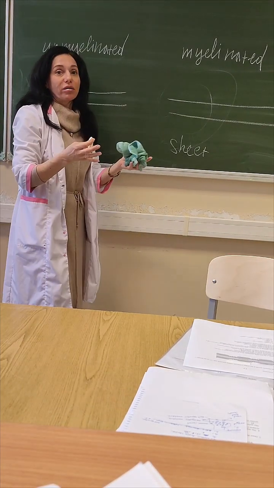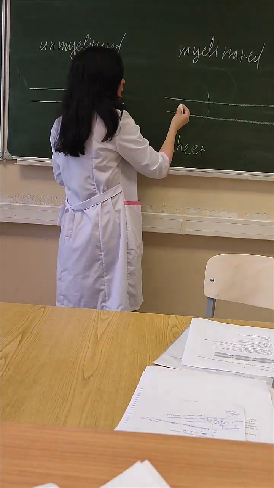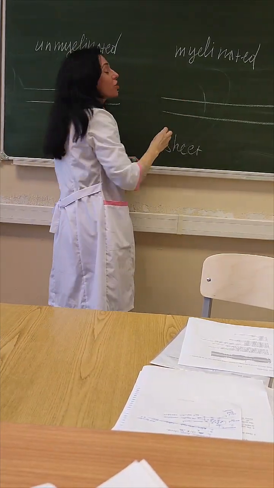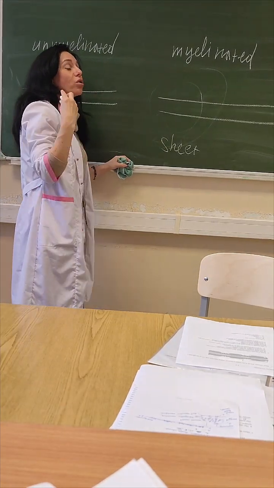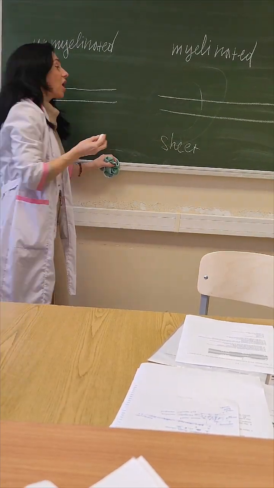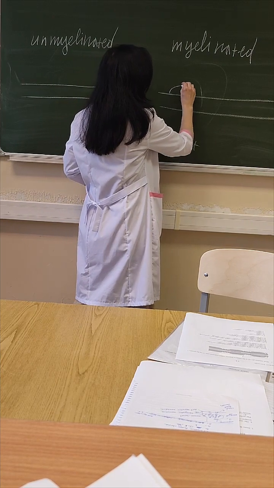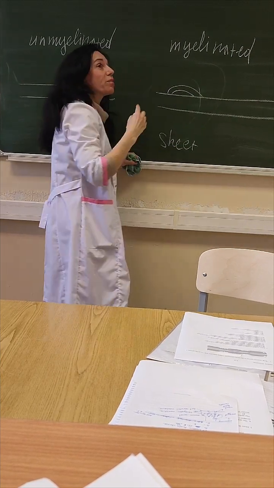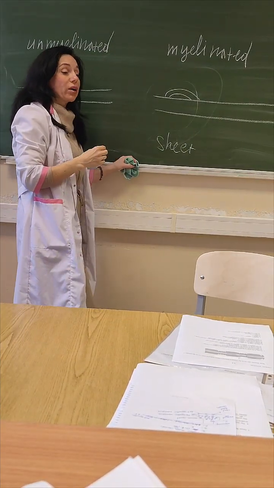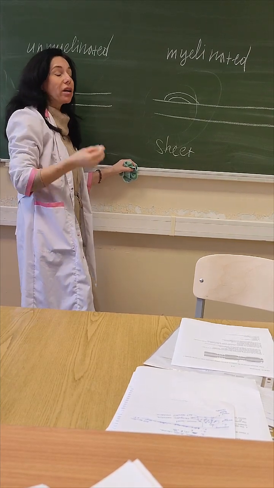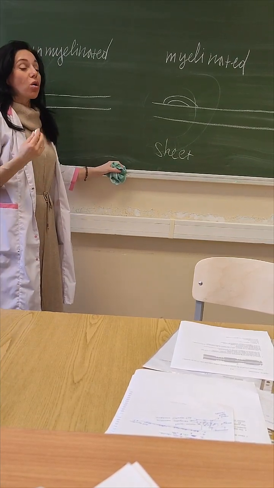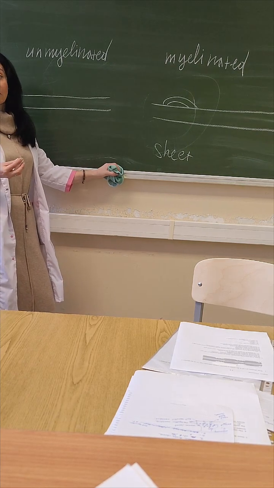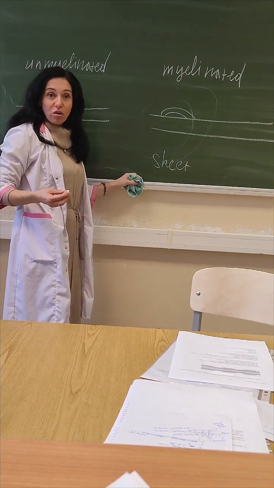Myelin sheath is formed in ontogenesis by special glial cells, oligodendrocytes in the brain, or Schwann cells in the peripheral nervous system.